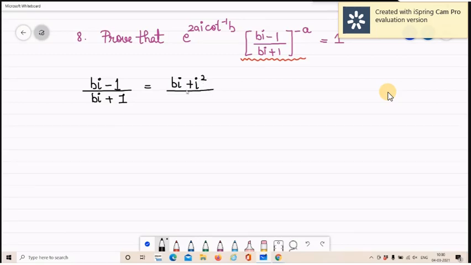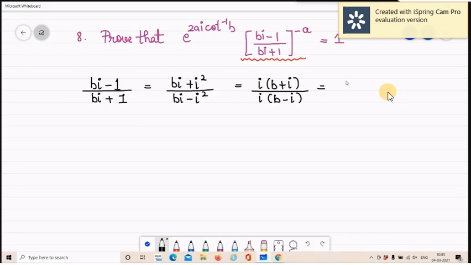Yes or no? And this plus 1 I am writing as minus i square, so that I can take i common from the numerator and I can take i common from the denominator. Why am I doing this? I don't want i with b. If you take i with b and start solving, you will not get the required answer. You can try. Is that clear?